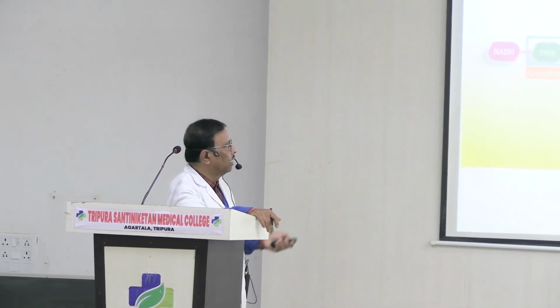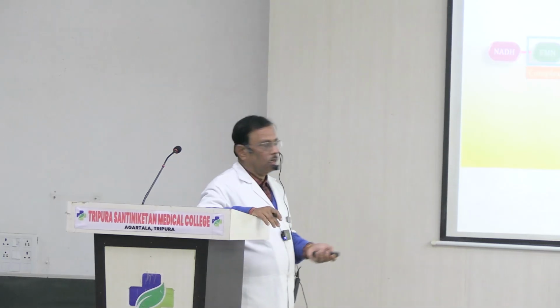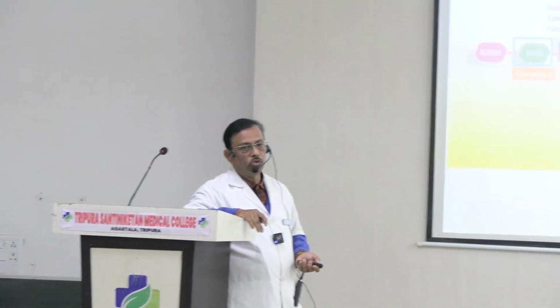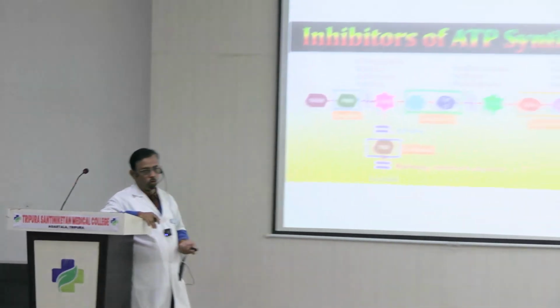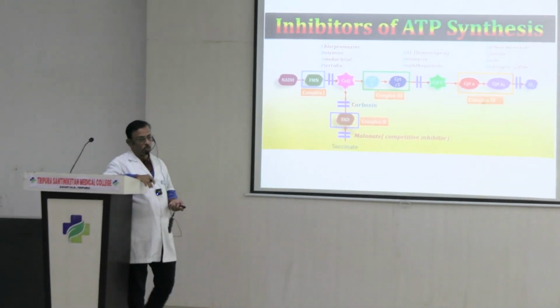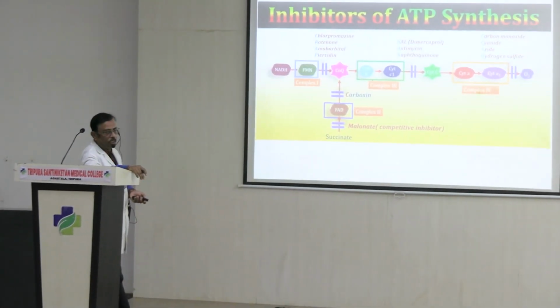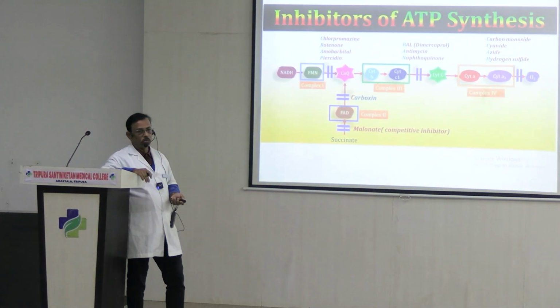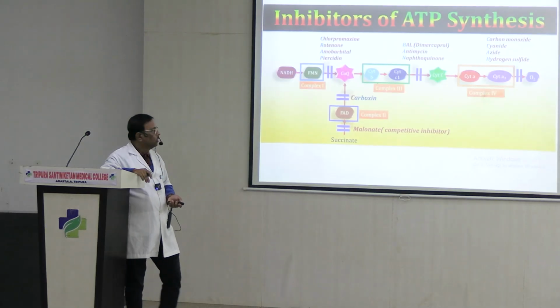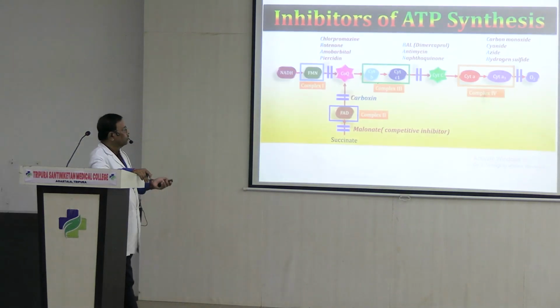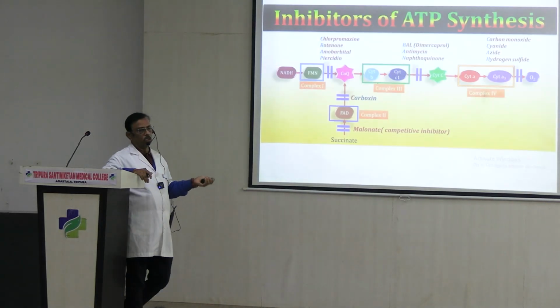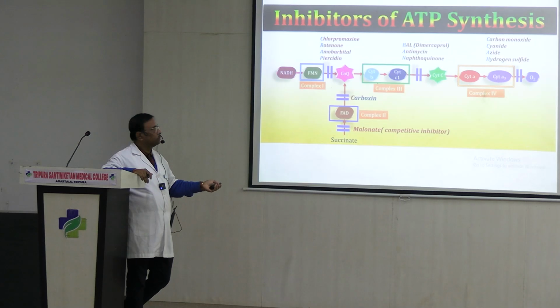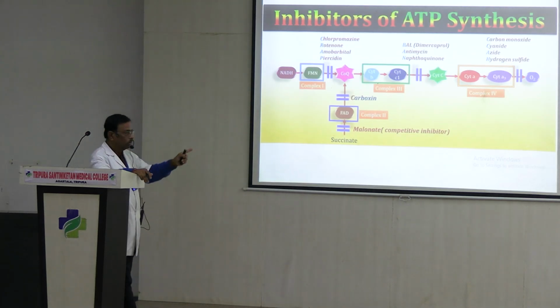Carbon monoxide binds with the reduced form of cytochromes, and cyanide binds with the oxidized form of cytochrome. So these are the inhibitors of the electron transport chain, and they also inhibit ATP synthesis.